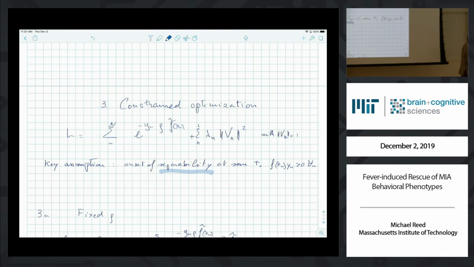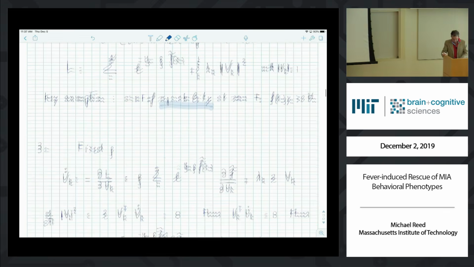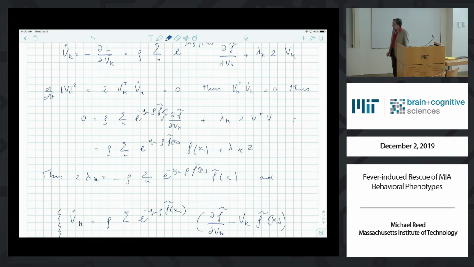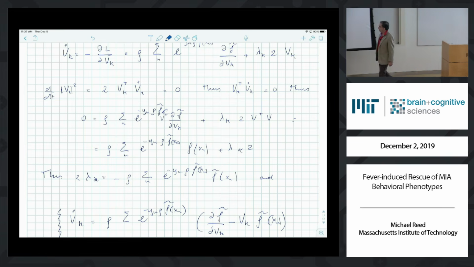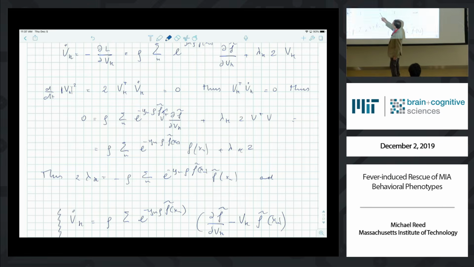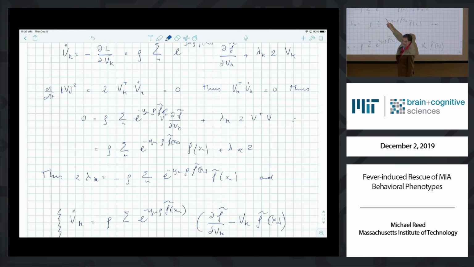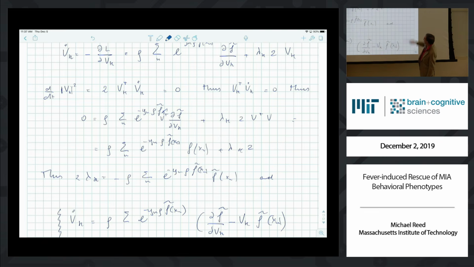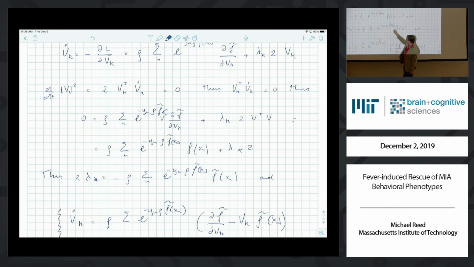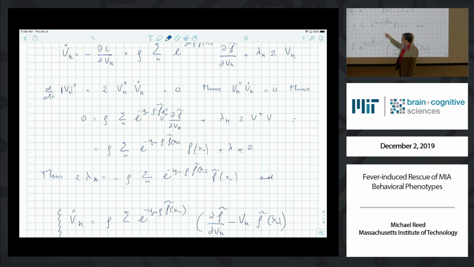Let's see. I want to find lambda such that the derivative of this is 0, because it should be 1, and I use the fact that V transpose V is 1. Then I find that lambda_k, in order to satisfy these constraints, has to be this.